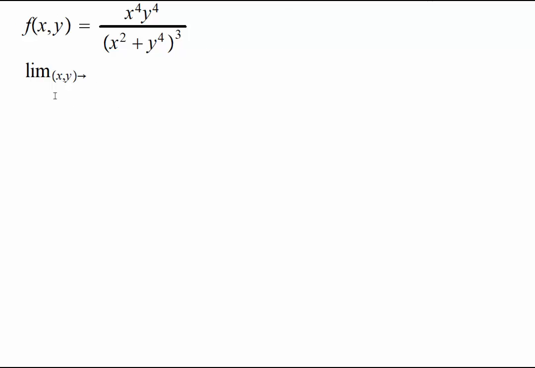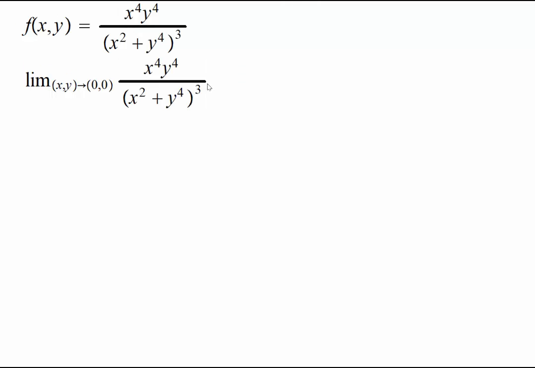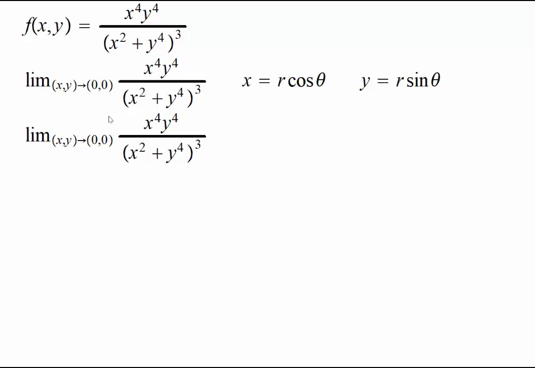Okay, so in here, say we went with our usual route, that is, say we took x equals r cosine theta, and y equals r sine theta, then what happens is this will be the limit as we did before, r goes to 0.